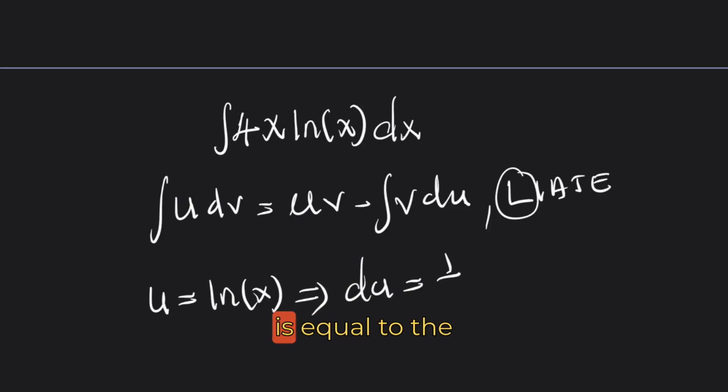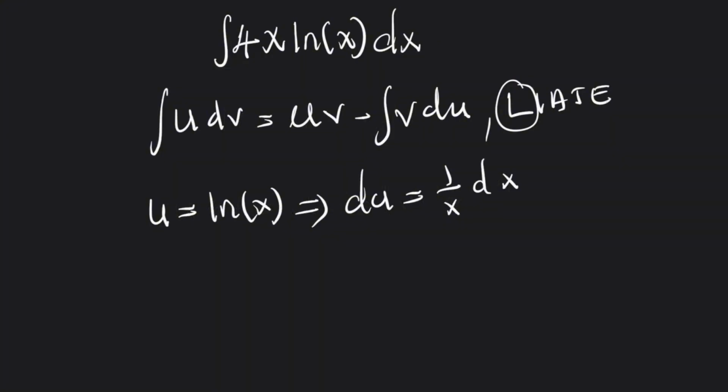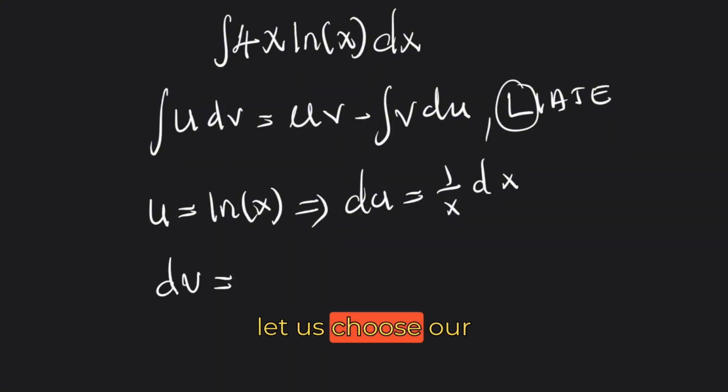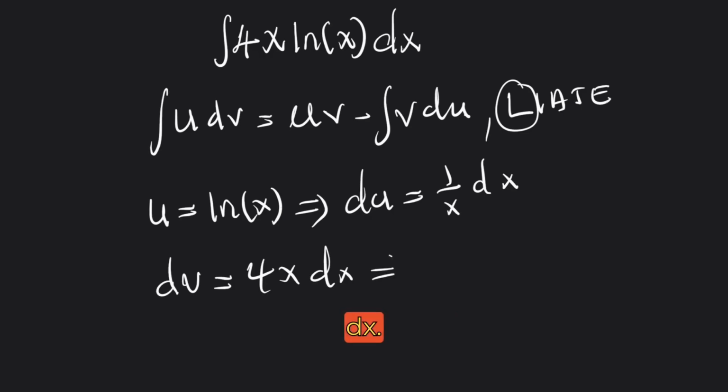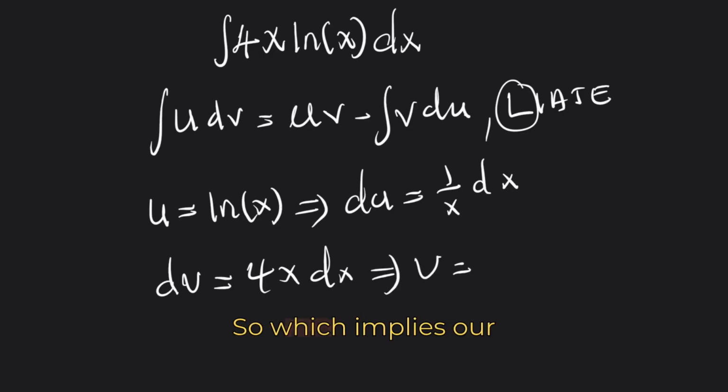This implies that du is equal to the derivative of natural log of x, which is 1 over x, then dx. Then let us choose our dv to be equal to 4x dx, right? So which implies our v here is just what? 1 over 2, so this becomes 2x squared.